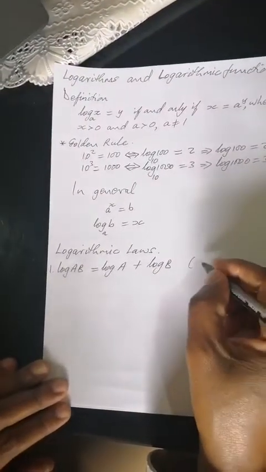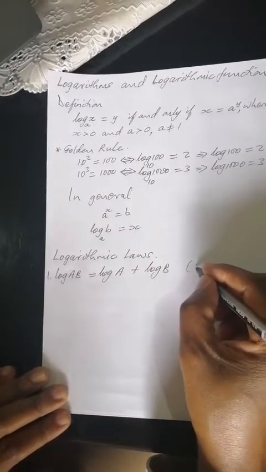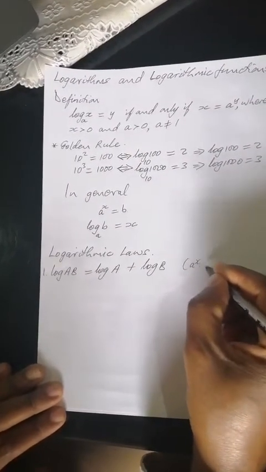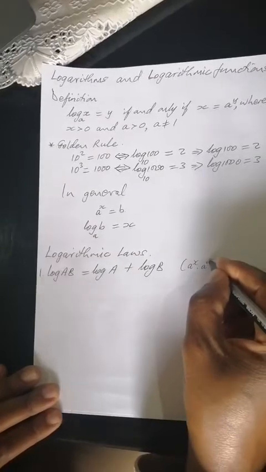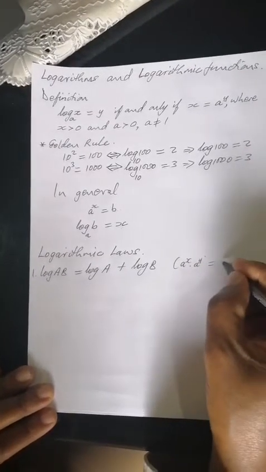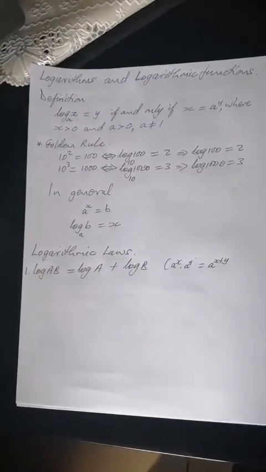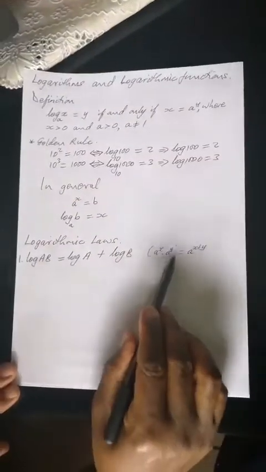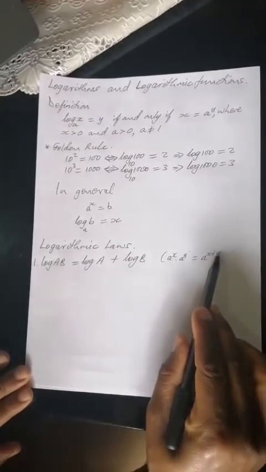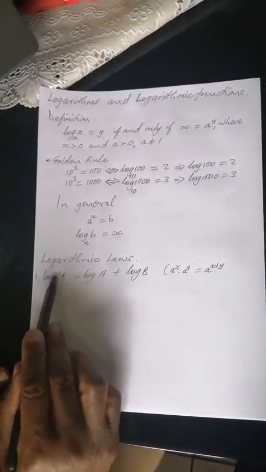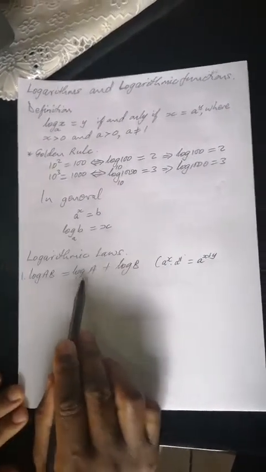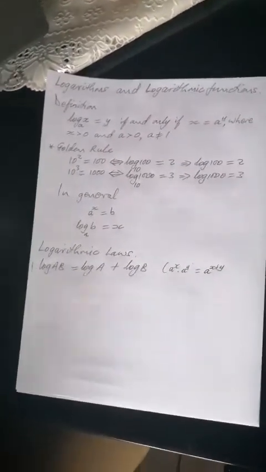Remember, for exponents, if we have a to the power x times a to the power y, this is the same as a to the power x plus y. When we are multiplying, we add the exponents. When the numbers are multiplying, we add the individual logarithms.